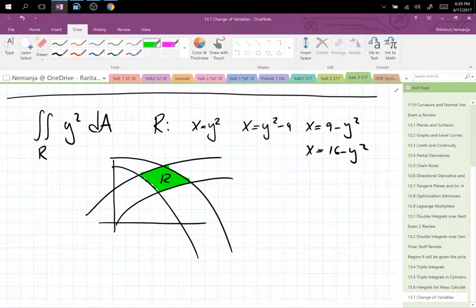So, as you know, the integral looks easy to integrate, but the region is insane. So you will have to probably break this over 3 or 4 integrals, and then, you know, good luck with that. So what can we do instead?